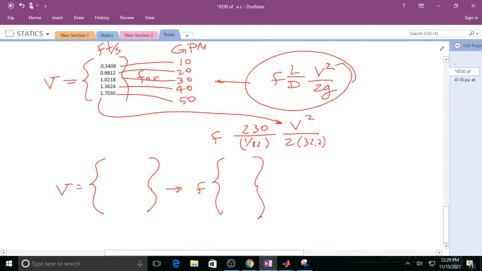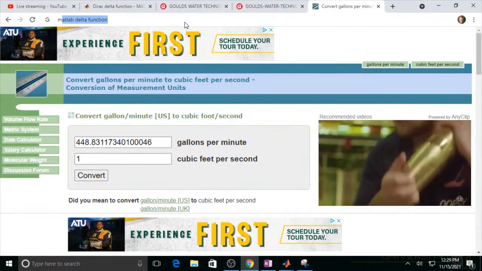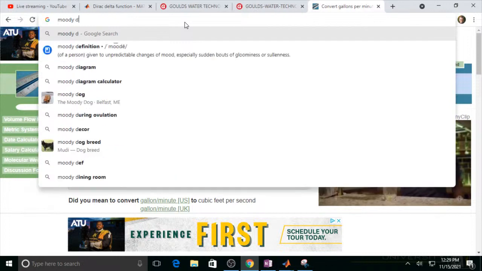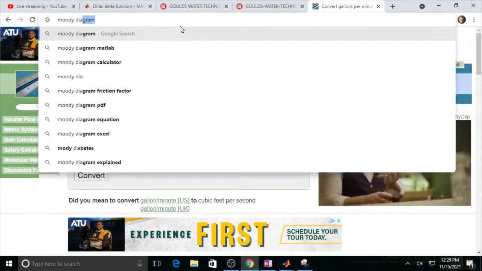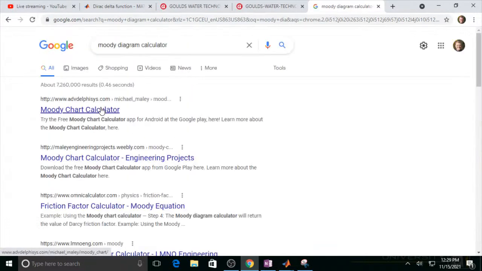Okay, so let's just do one of them. Let's do this one. And here's what we'll try to find. We'll go here and try to find it. There's a Moody diagram calculator.